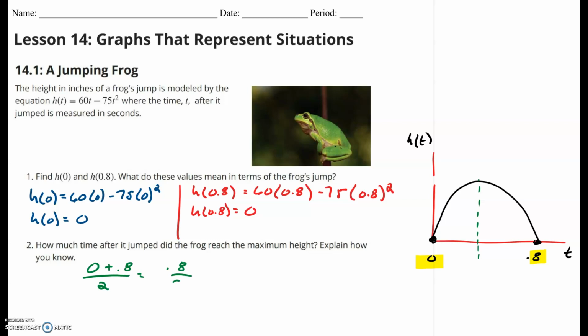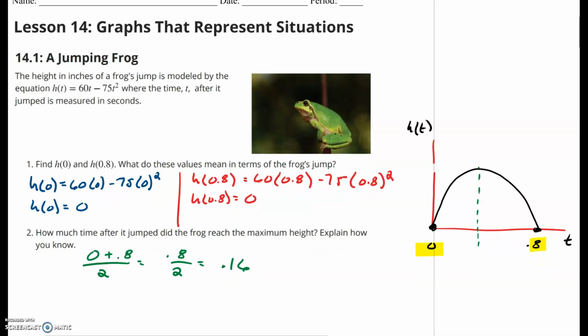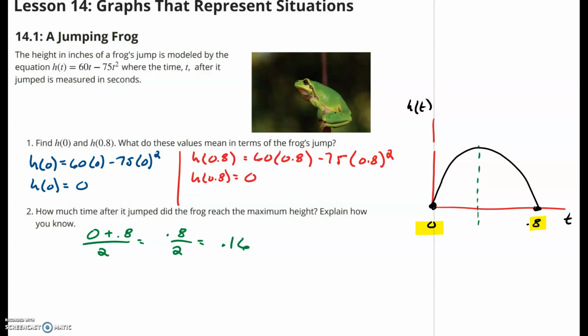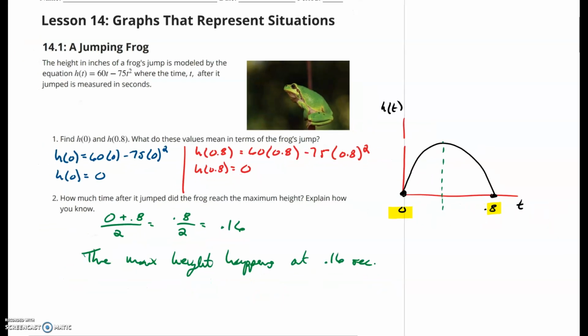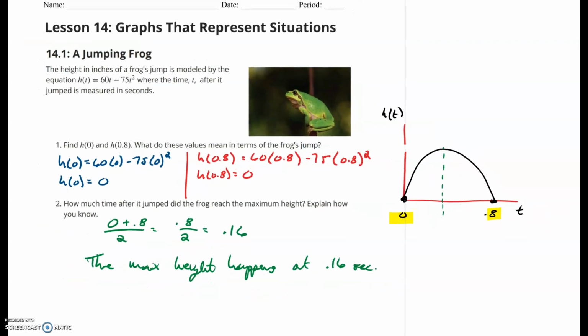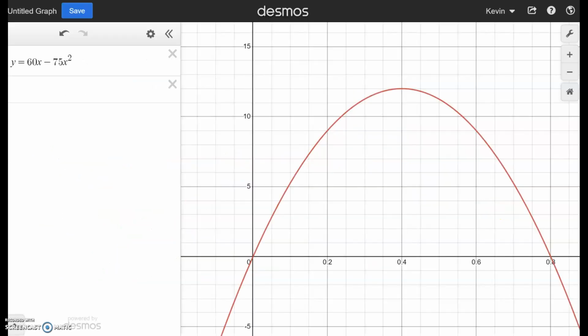So we end up with 0.8 divided by 2, which is going to be 0.16. So we would expect the frog to reach the maximum height at 0.16 seconds. So the max height happens at 0.16 seconds.